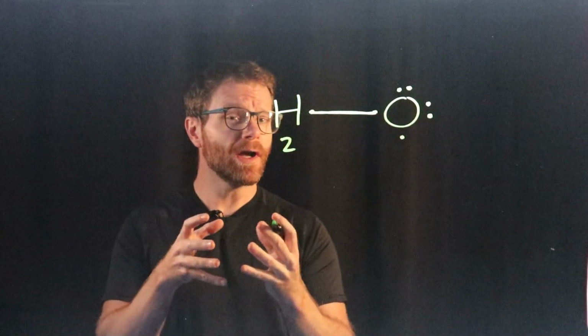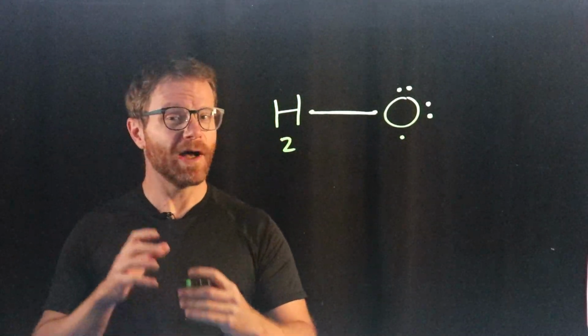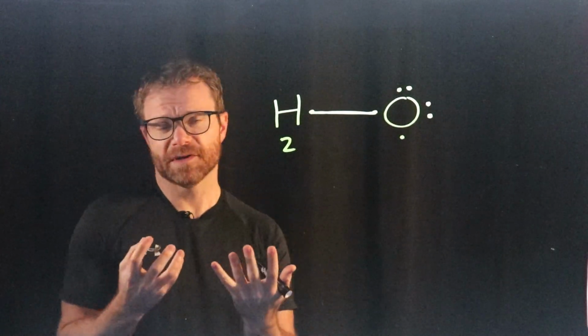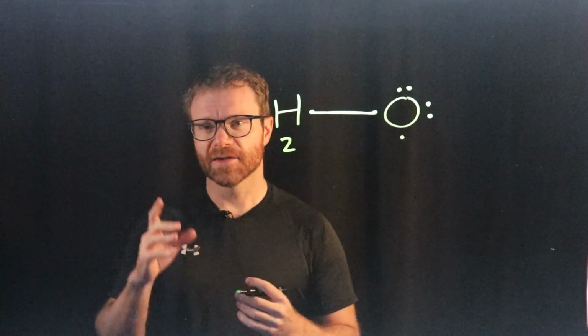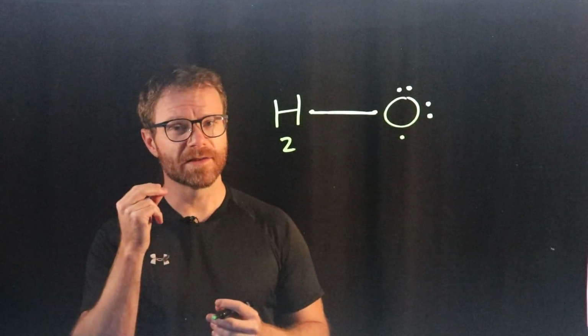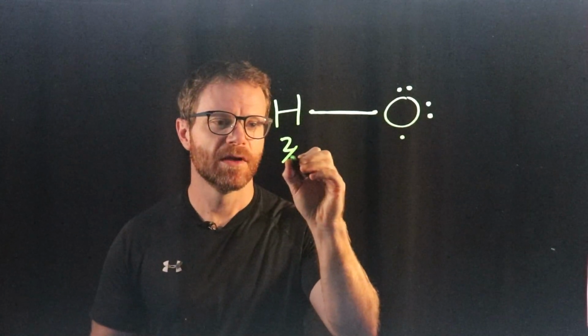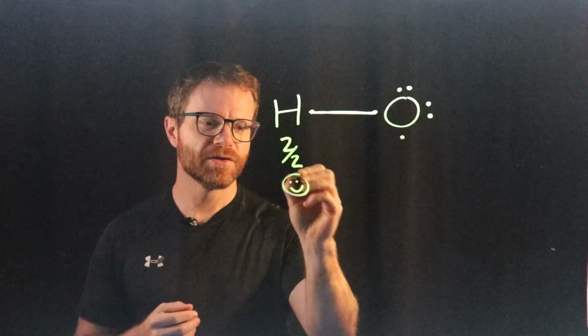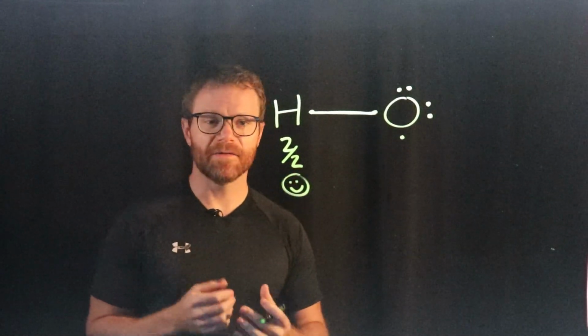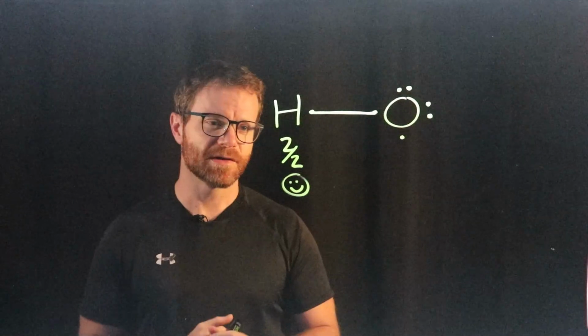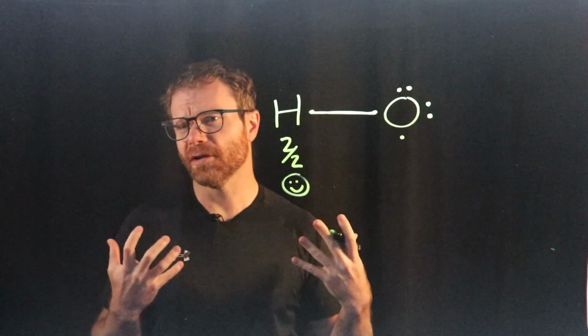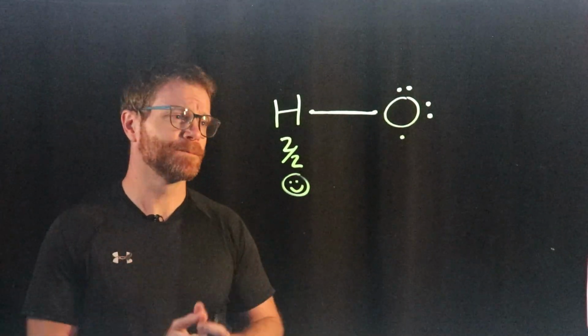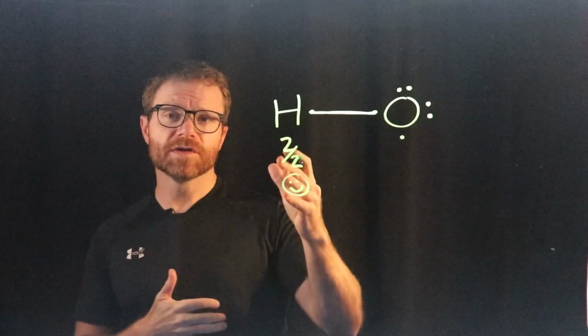Now, how many total electrons can hydrogen have? Well, hydrogen and helium are the 2 smallest elements, and they only have access to the 1s orbital, which only contains 2 electrons. So hydrogen's valence shell is actually full. Hydrogen and helium are kind of an exception in that they fill up with only 2 valence electrons. All the other ones that we talk about generally need 8. That's the octet rule. Okay. So hydrogen's totally stable now.